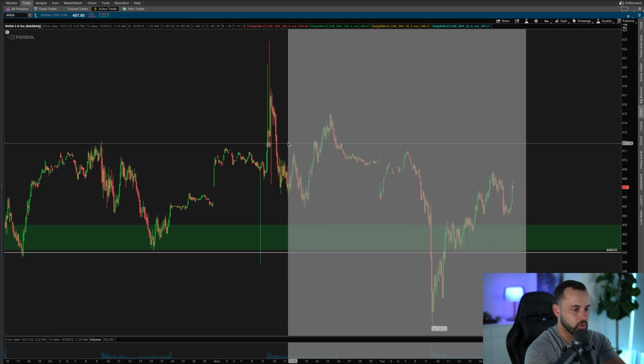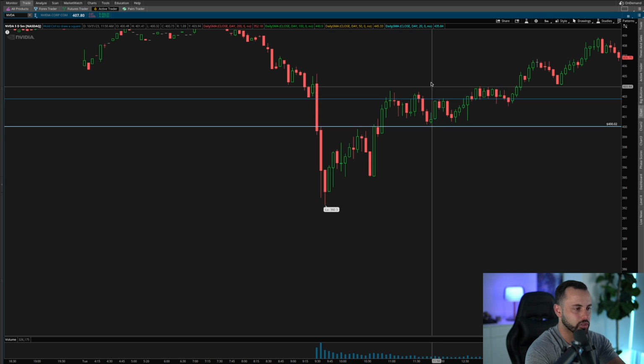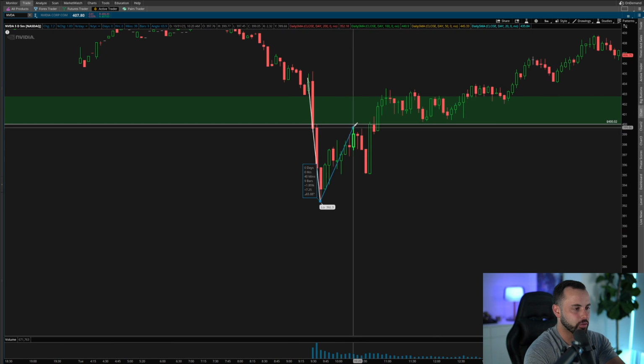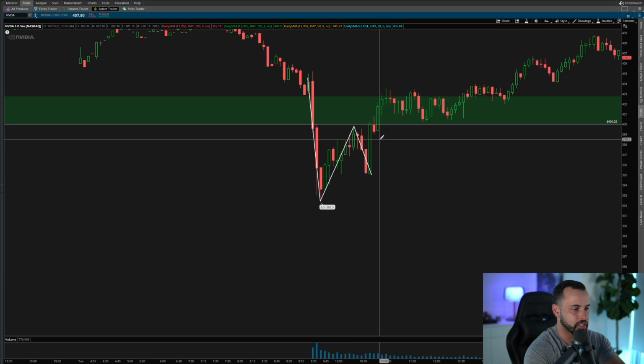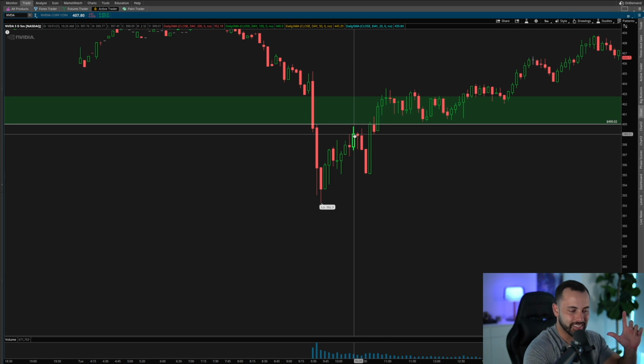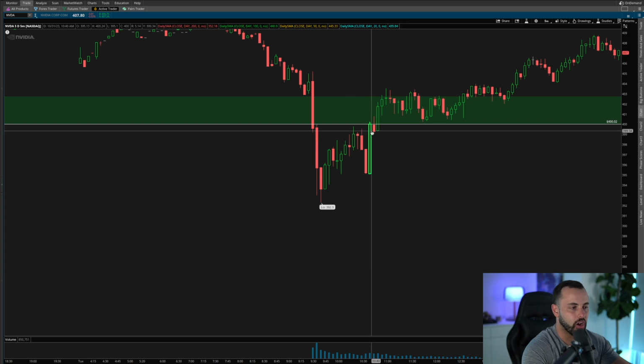So today, what was I looking for? If we were to break below that 400 level, I would be looking for a break, retest, and a rejection. Now, why was I so confident at around this 10:20 to 10:30 time frame to short NVIDIA off 400?